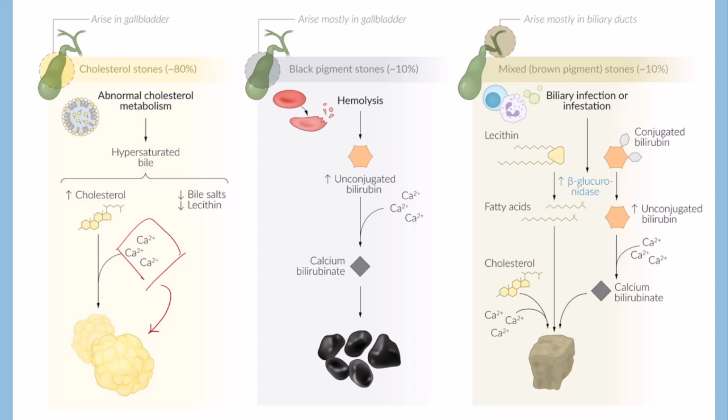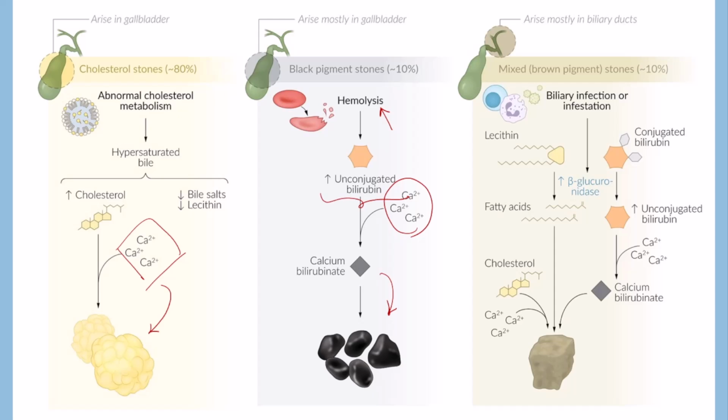If the balance is broken in favor of the unconjugated bilirubin, and we have elevation of unconjugated bilirubin in our biliary system, for example, in this case, due to hemolysis, the excess amount of unconjugated bilirubin is going to react with the calcium inside the biliary system, and as the result, we have black pigmented stones in our gallbladder and in our biliary system.